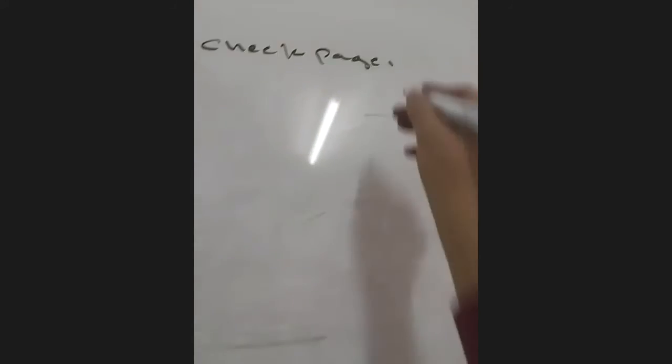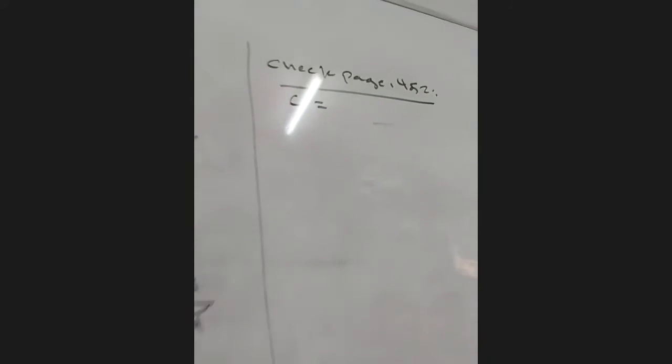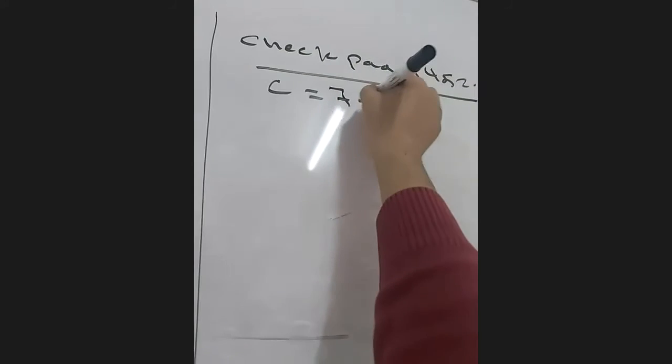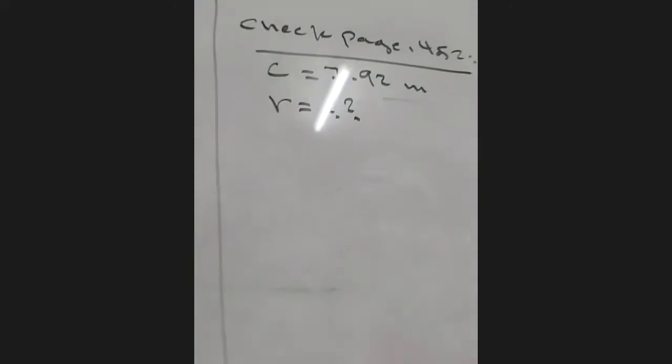Check, page 452. The circumference, how much? 7.92 meters. And they want us to find the radius.